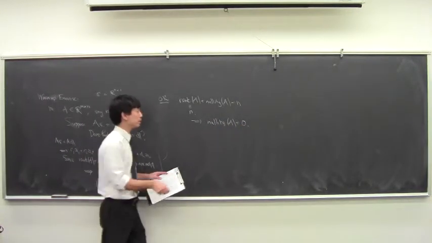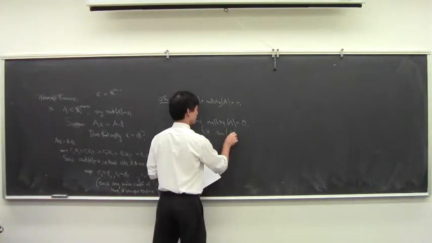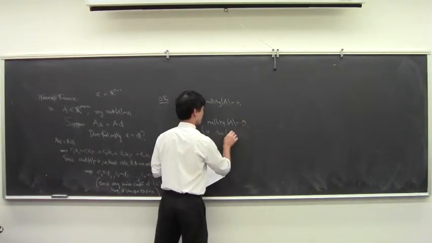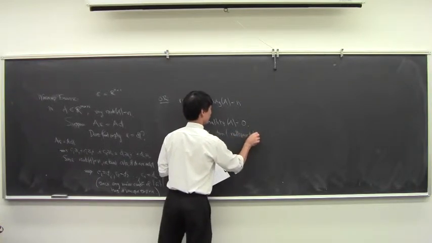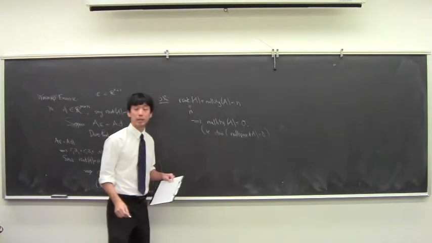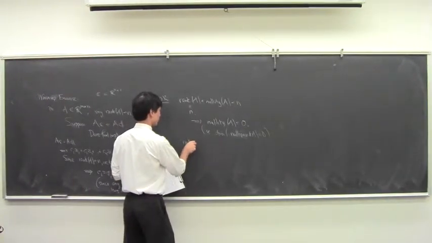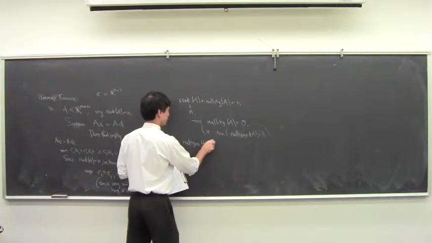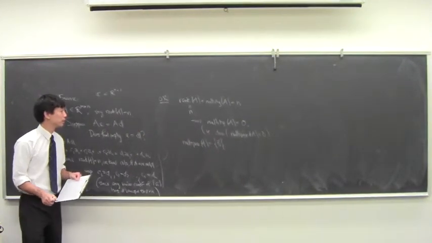In other words, the dimension of the null space of A is 0. So the null space of A is just the 0 vector, right?